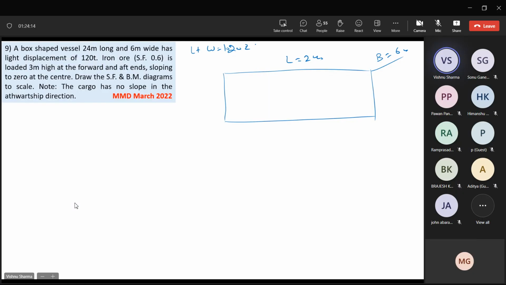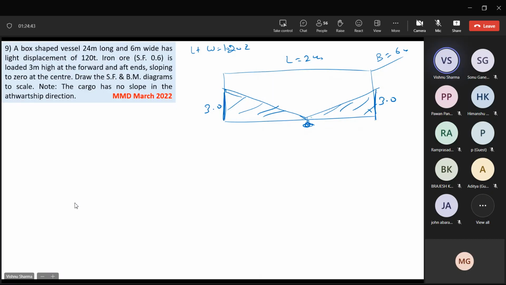Iron ore of stowage factor 0.6 is loaded 3-meter high at the forward end and sloping aft to 0. So it is basically like this. This is the cargo. This height is 3 meters, and this is 0 here. The cargo has no slope in the athwartship direction.